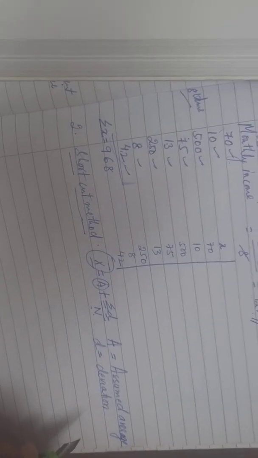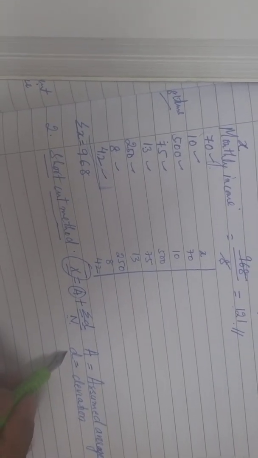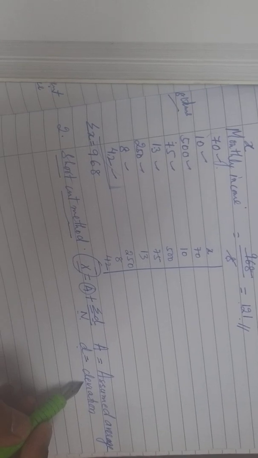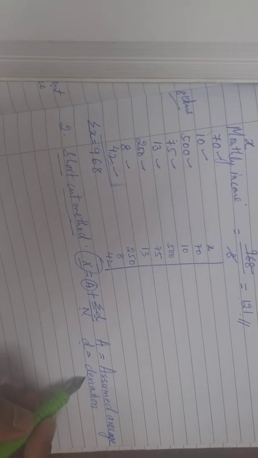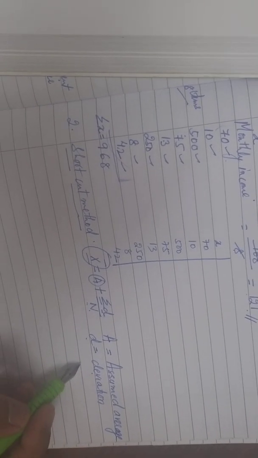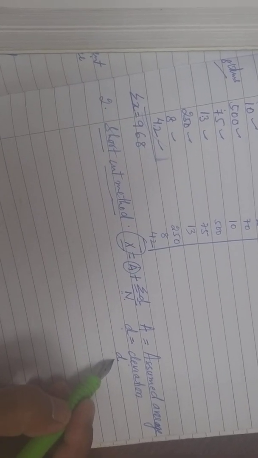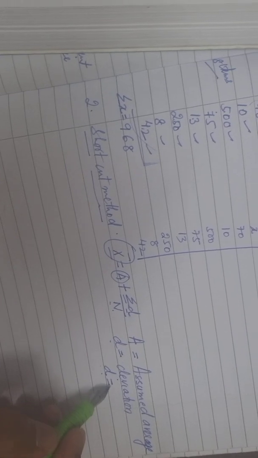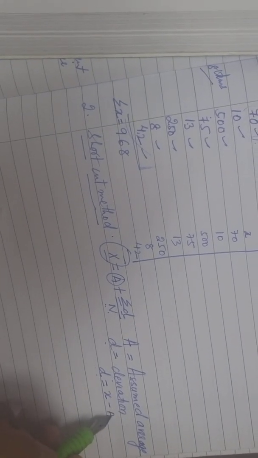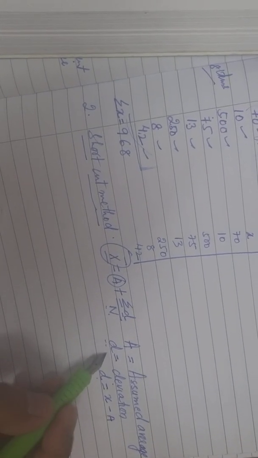Now see what we have to do here. To find out deviation, we have a formula. What is the formula for deviation? This is D: deviation is equal to x minus A. This is the formula to find out deviation.